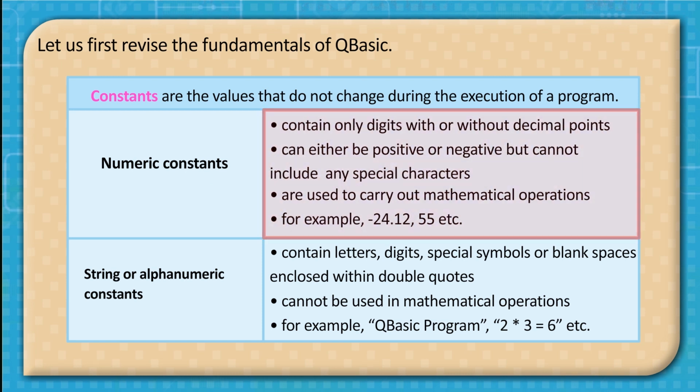For example, 24.12, 55 etc. String or alphanumeric constants contain letters, digits, special symbols or blank spaces enclosed within double quotes and cannot be used in mathematical operations. For example, "QBasic program", "2*3 equals 6" etc.